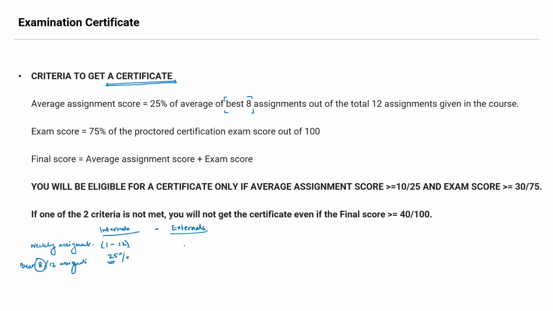And then your externals, which is your physical exam, will have a weightage of 75%. Both will sum up your overall marks, which is 100%.